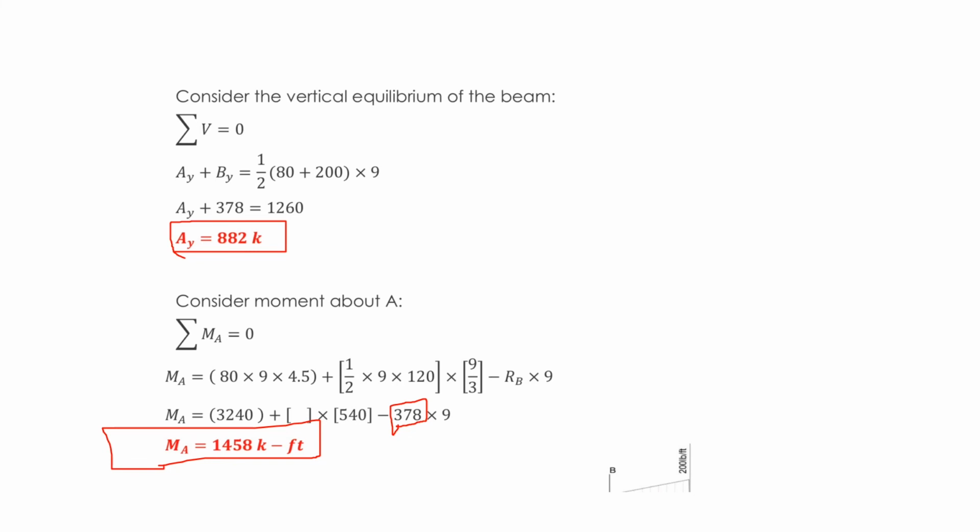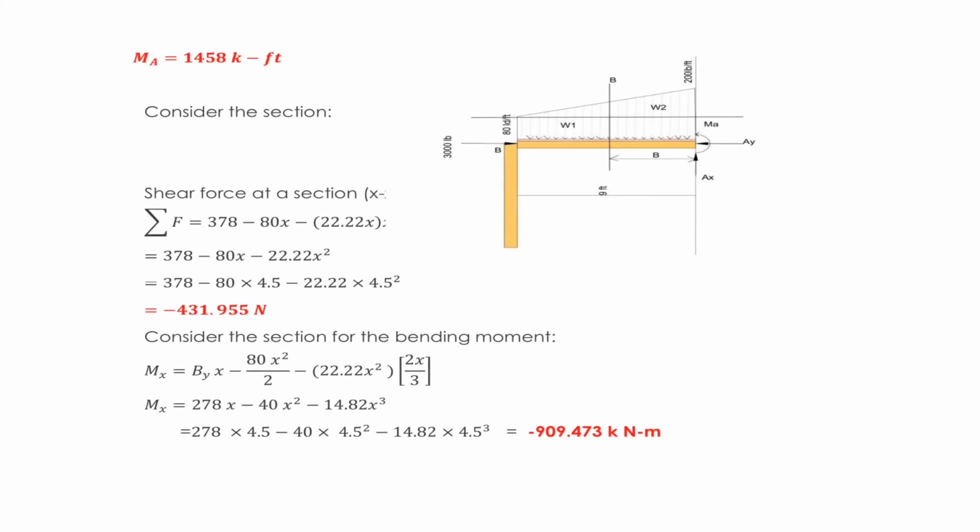Let's consider the section of W1 and W2 in the mid-span. So let's say this is the X section. So therefore 378 minus 80x minus 22.22x, and we come up with negative 431.955 Newton.